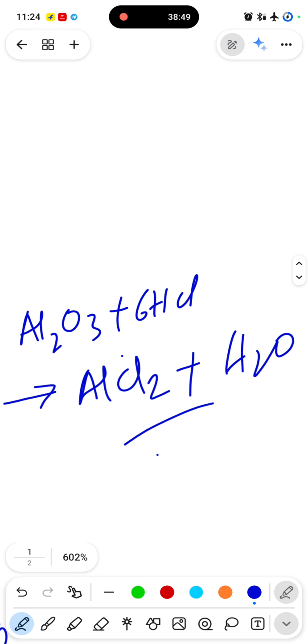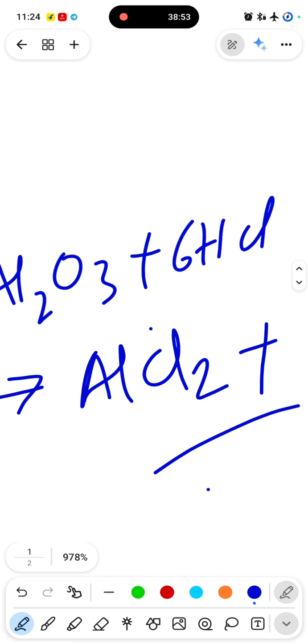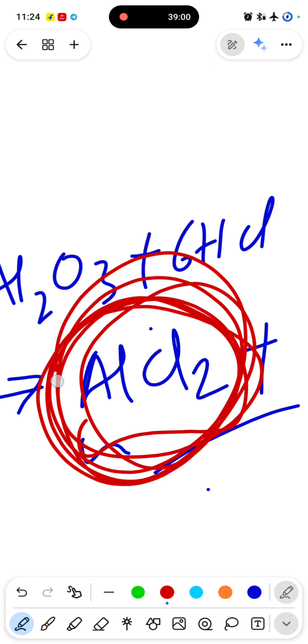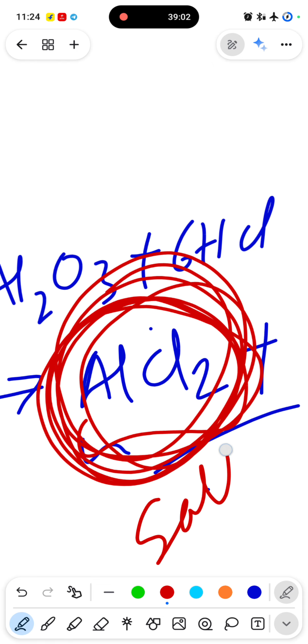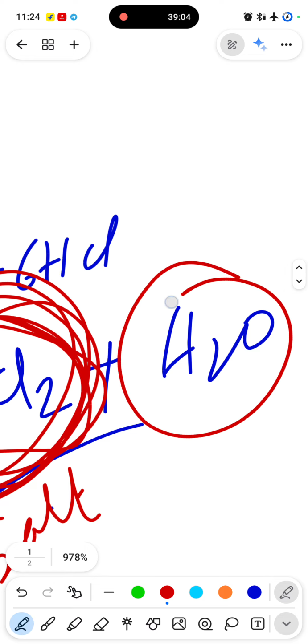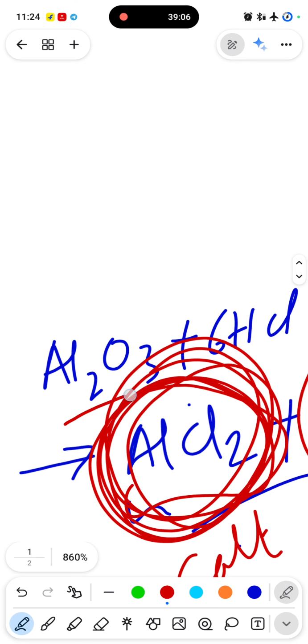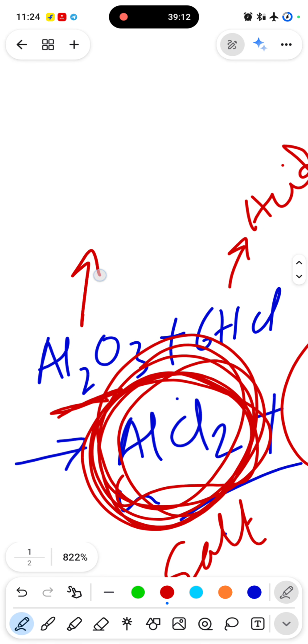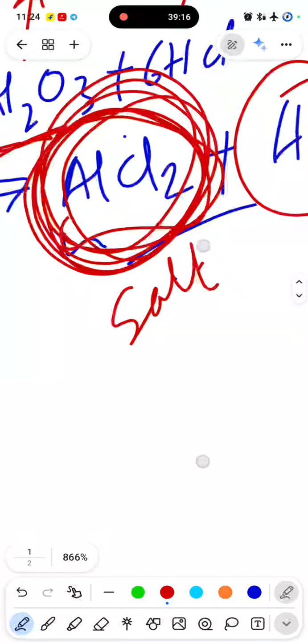You can balance it. So now see, this AlCl3 over here is a salt, and this is water. See, HCl is acid. That means here aluminum oxide acts as a base, if you have noticed.